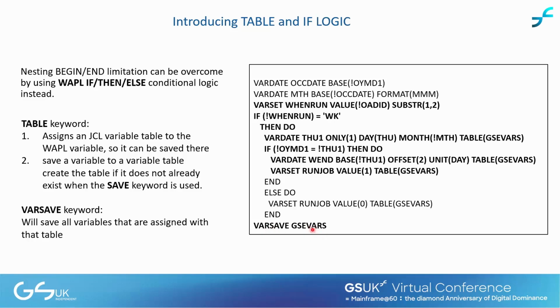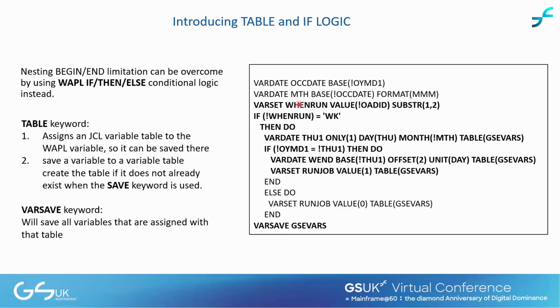So let's take a look at the code. The OCDATE here will use the occurrence input arrival date as a base, and then it will format that base into the 3-letter character of the month, and it will be assigned to the month variable.